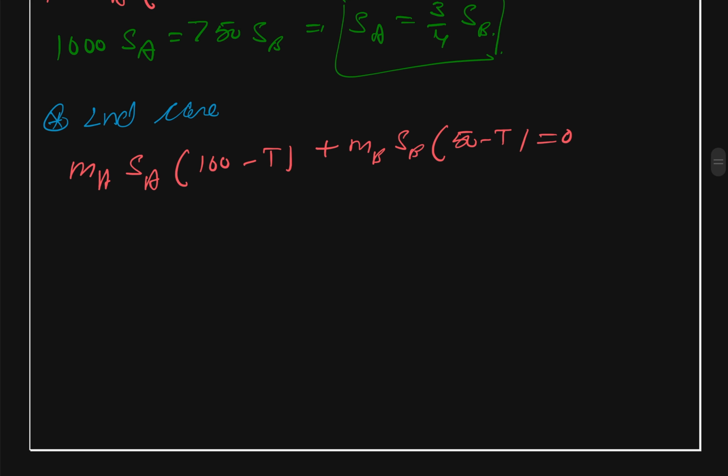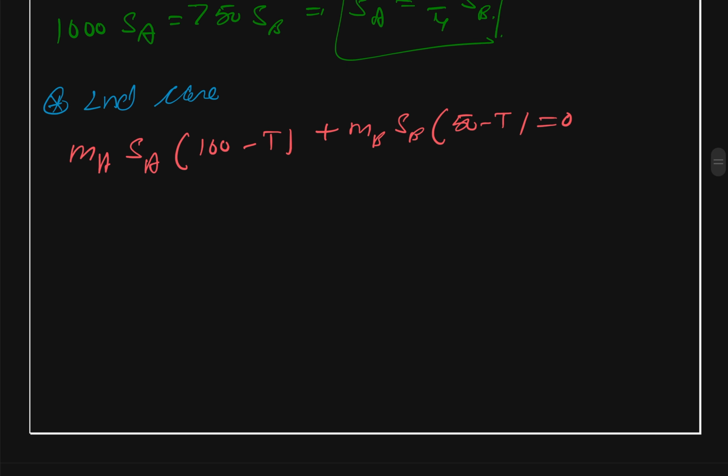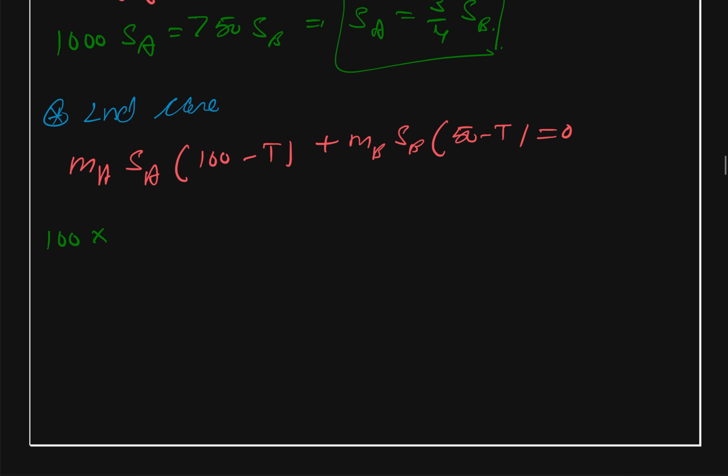We substitute the values. We get 100 into SA, which is 3 by 4 times SP, into 100 minus T, plus 50 SP into 50 minus T is equal to 0.